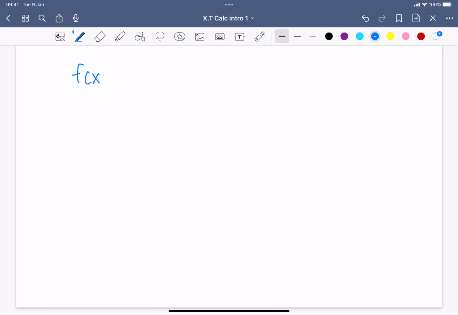So we write f of x by writing the letter f and then x in brackets, and this means the output of function f when the input is x. So as you can see, the function on the outside, we normally denote as f, which just stands for function.